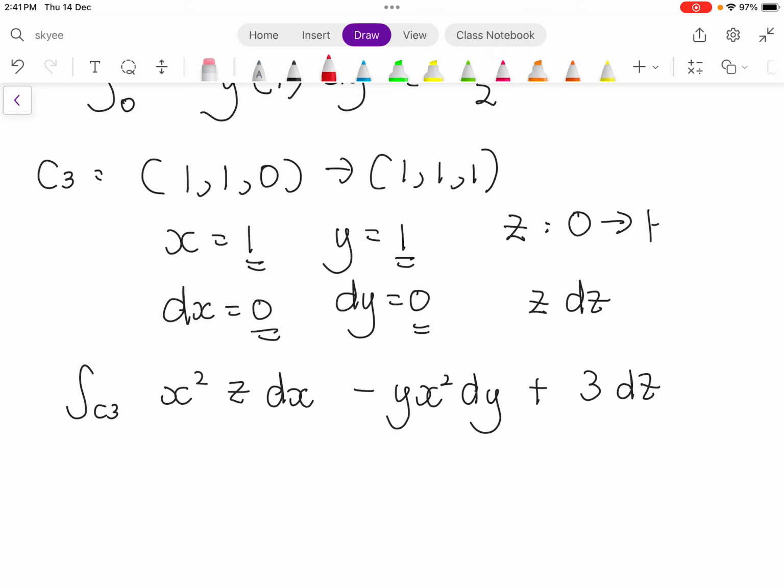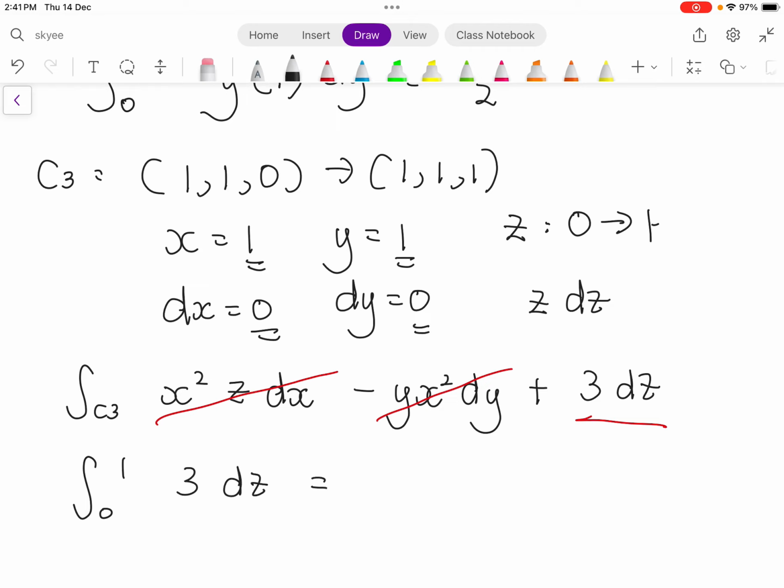Dx is 0, dy is also 0, and this one remains and is not 0. So we can calculate from 0 to 1, 3 dz. So the answer is equal to 3.